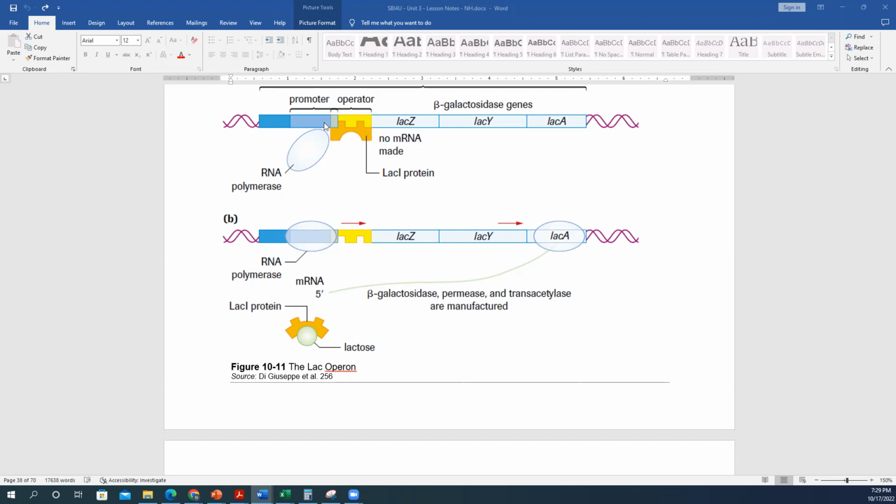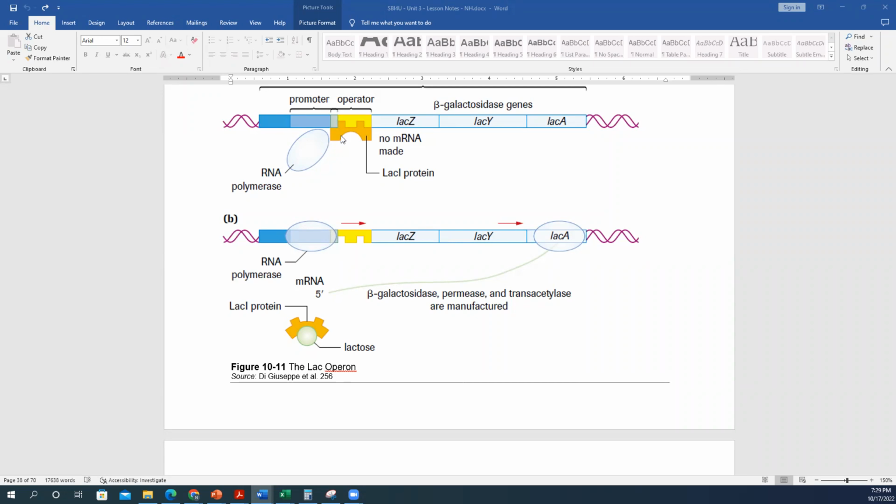If you can see in this picture, they're trying to show it too. Once this repressor protein binds to the operator sequence, it's also bound to part of the promoter sequence. By doing so, RNA polymerase is not able to fully bind to the promoter region. It's kind of blocking it.